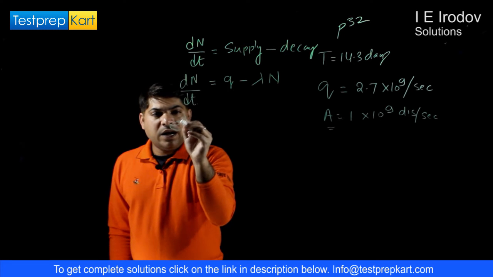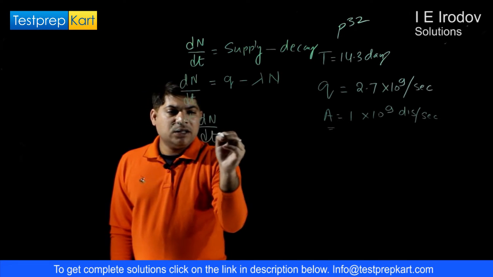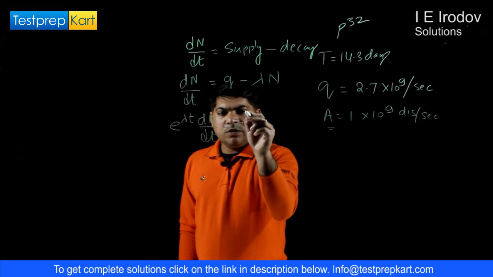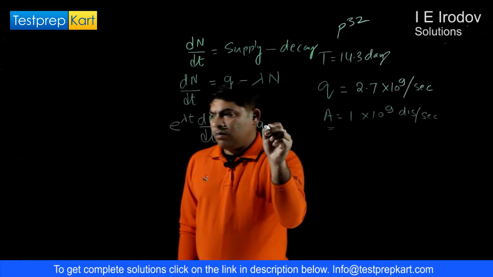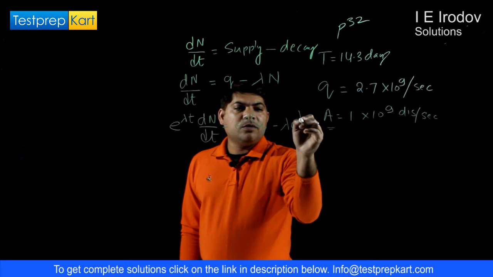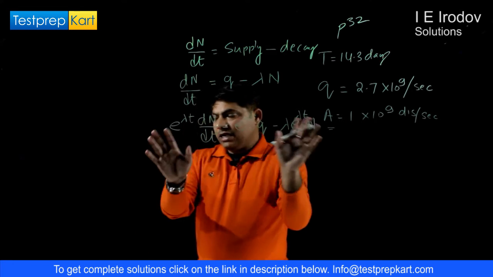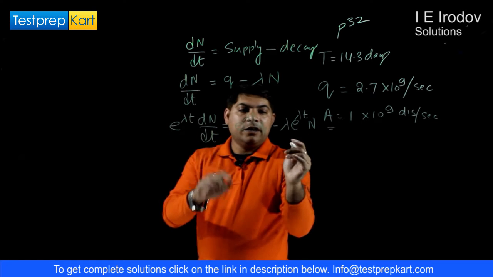This is e^(λt) dN/dt = e^(λt) Q − λ e^(λt) N, right? We can write this entire expression in the form of differentiation.